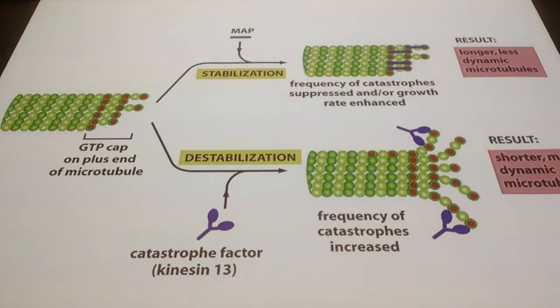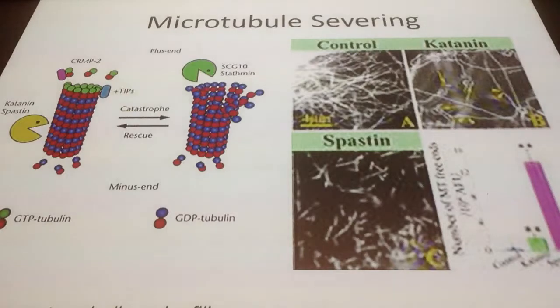There are different ones. Kinesin 13 is one, and guess what? Unphosphorylated Stathmin is also a member of the catastrophe factors. So Stathmin has more functions than what we saw for thymosin and profilin. It has multiple functions.